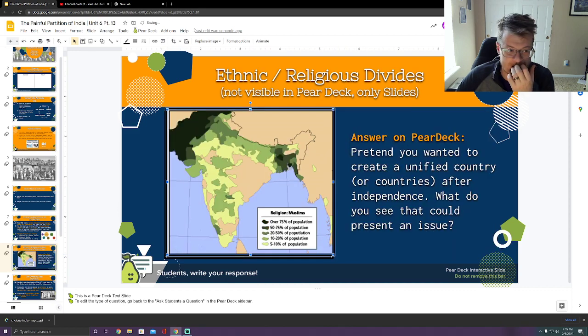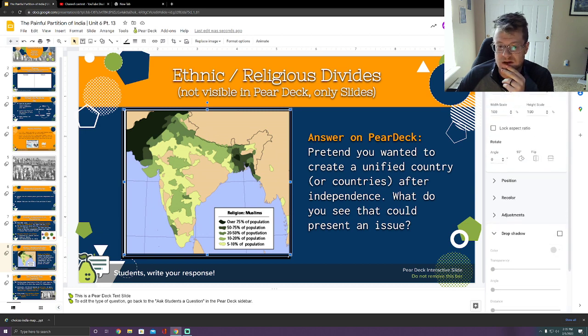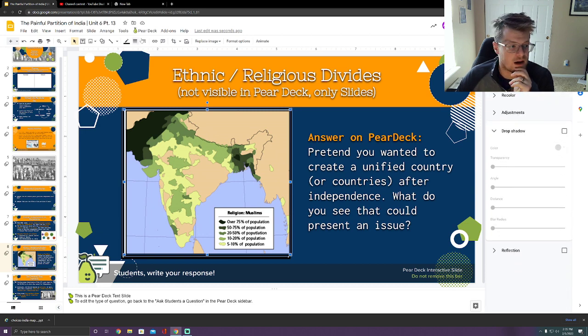What's really important to recognize here is that these communities aren't distinctive. They're overlaid. They are intermixed with one another. And it's not just Hindus and Muslims. It's Sikh and different Urdu language groups and Pashtun and Hindi and also English there too to a degree.